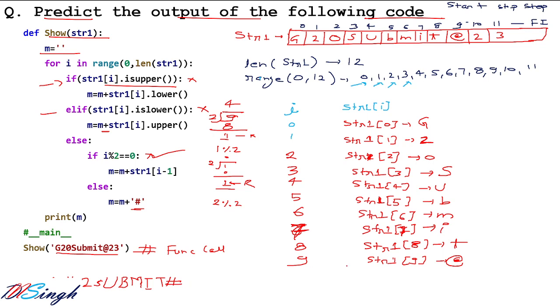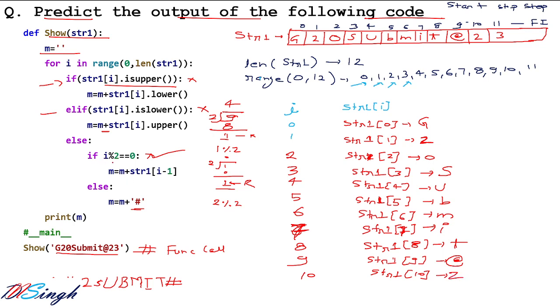Okay, next index is 10. str1 of 10, what will you have? str1 of 10 is 2. So 2 is also not a letter, you have to go for the else part only.